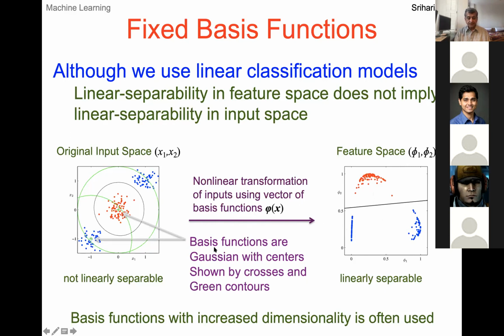The basis functions are Gaussian with centers shown by crosses. So this phi1 and phi2 are Gaussian centered. You see, there's a green circle here. That's a contour of constant density of a Gaussian centered in the middle here. Plus there's another Gaussian centered over here, which is this other circle.